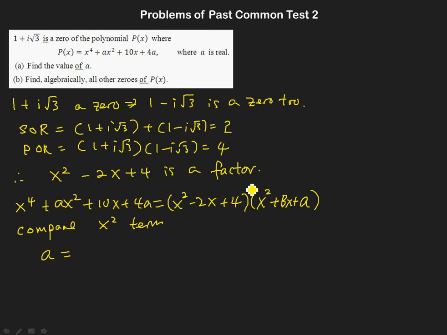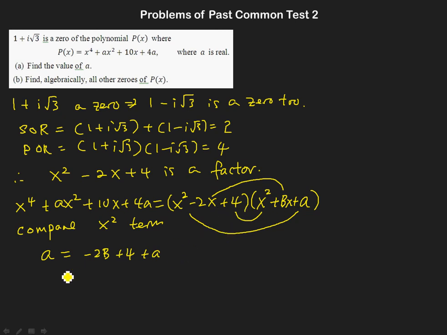To get x squared, you must have this times this, so you have negative 2b, and also this must be 4, so you have plus 4. And how else do you get the x squared term? Let's check. This is 1, so you must plus a here to get the x squared term. So I think that's it.